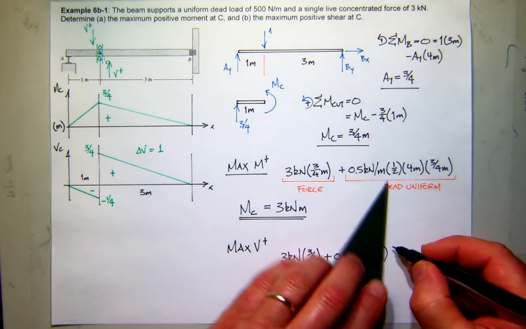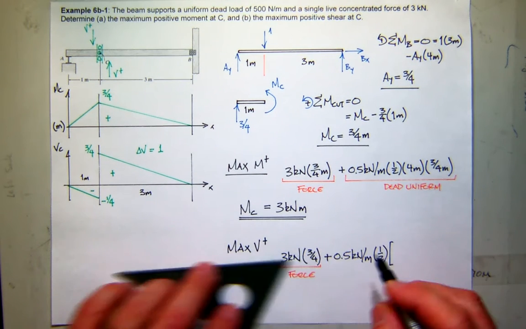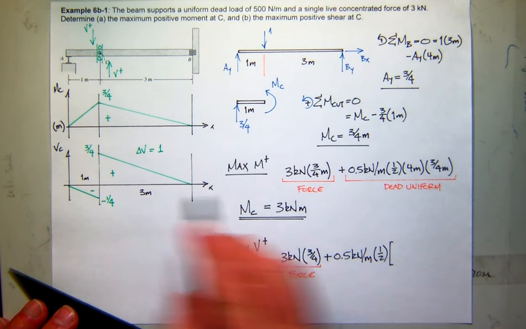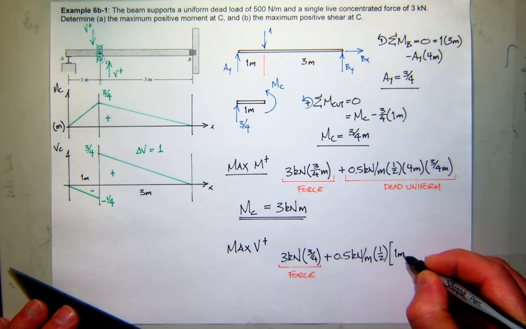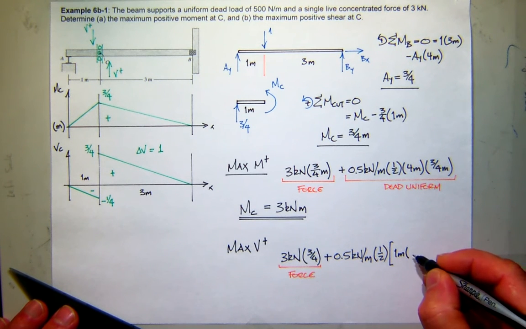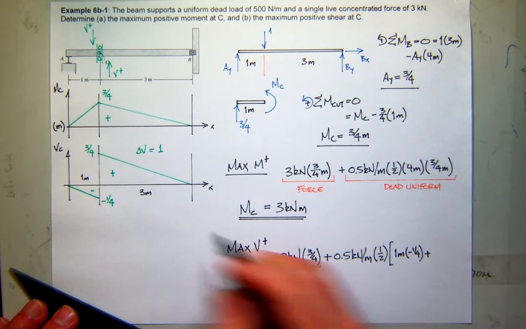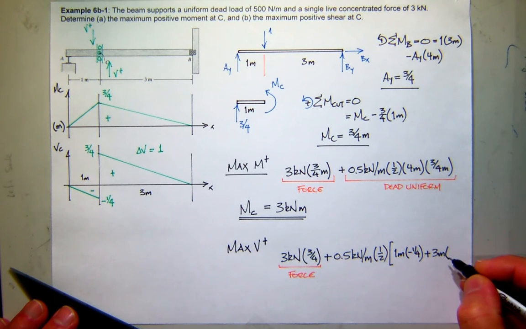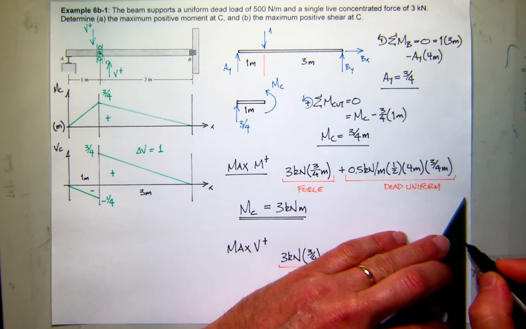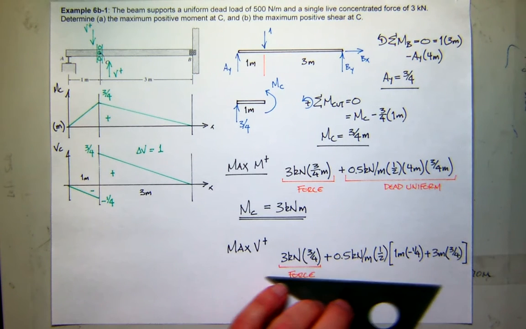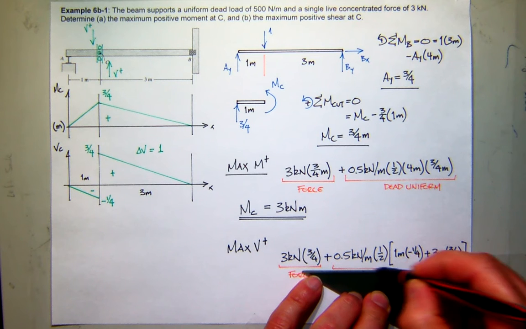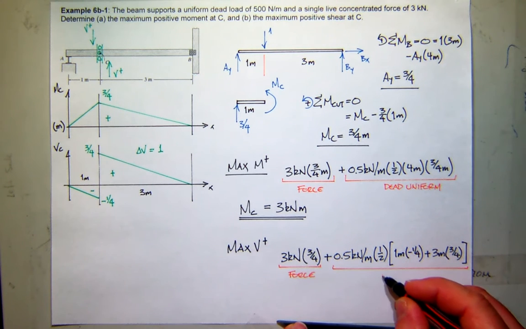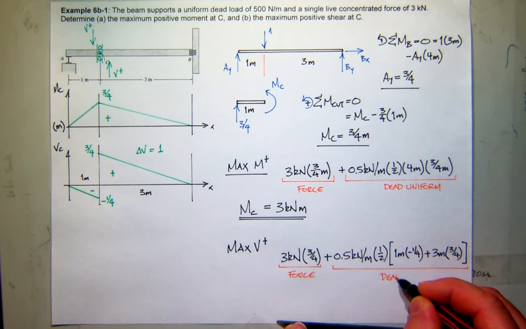It'll be 1/2, and then the base times the height of the individual pieces. The base of the negative piece is 1 meter, and its height is -1/4. And the base of the positive triangle is 3 meters, and it has a height of 3/4. Somebody calculate that for me, and I'll identify that as the portion from the dead load.